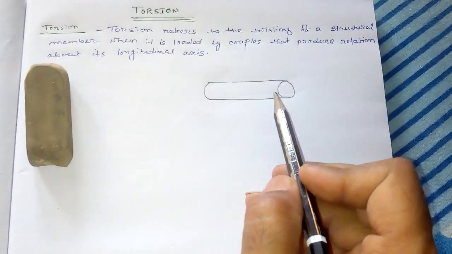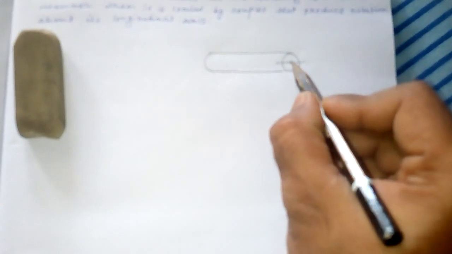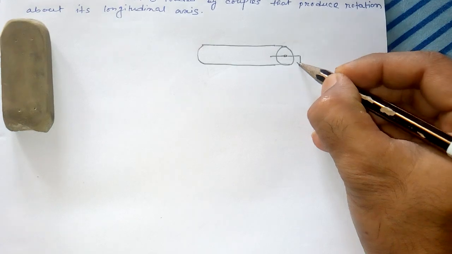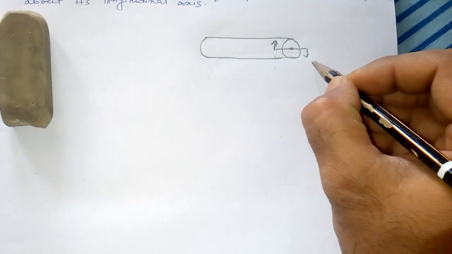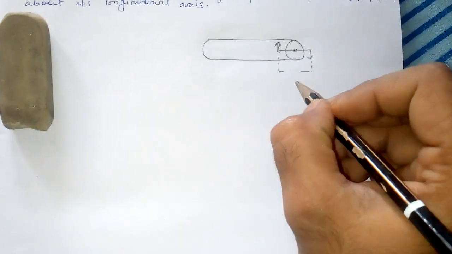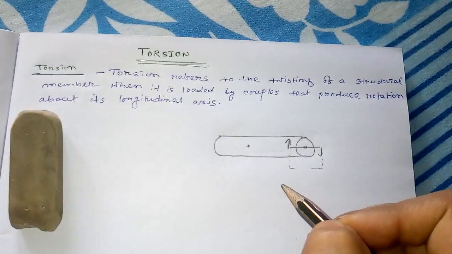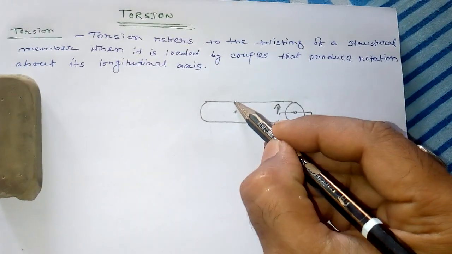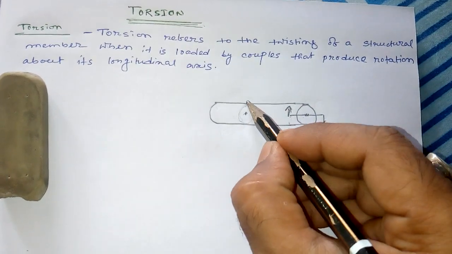Suppose this is a shaft, and now we will be applying some couples. Suppose we are applying one couple at the end of the shaft, a force having some distance. And we are applying another couple which is rotating this shaft in this direction.